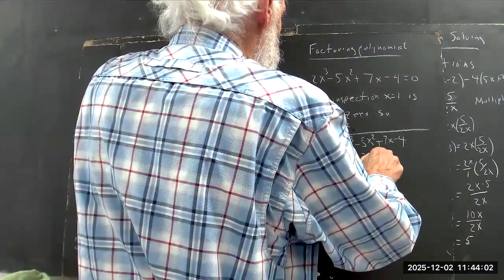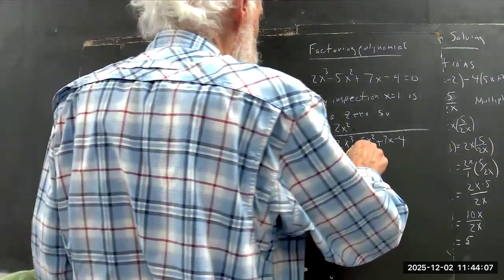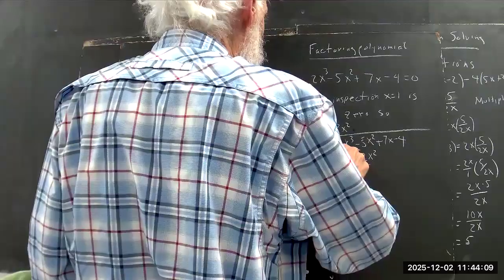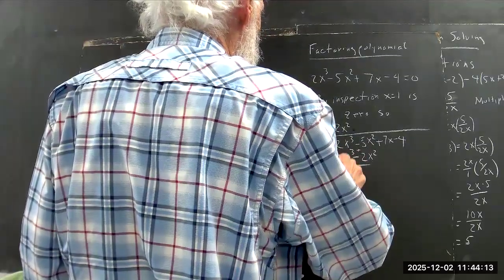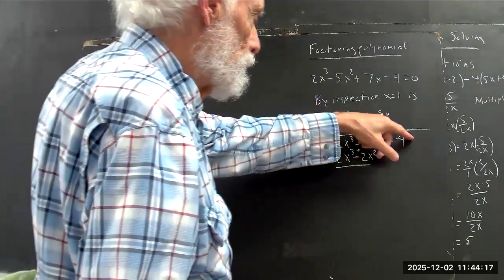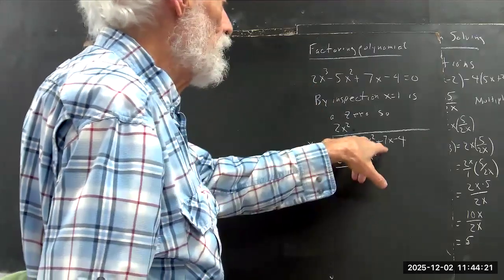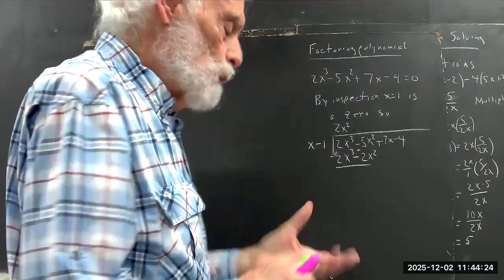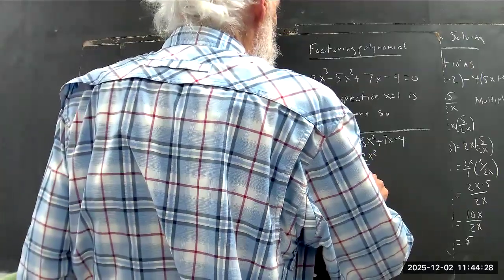We get minus 2x squared. Make a little reminder sign here, because we're going to have to subtract this from this, because having 2x squared gives us this much of what we need. Whether you understand that or not, that's kind of what's going on. I don't want to do a lot of explanation there.